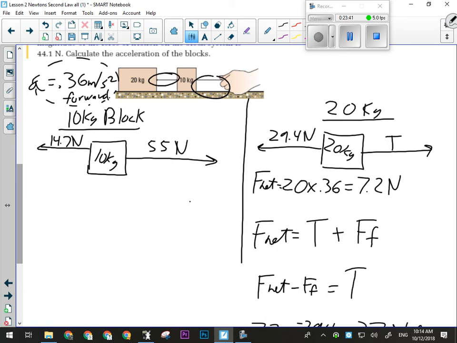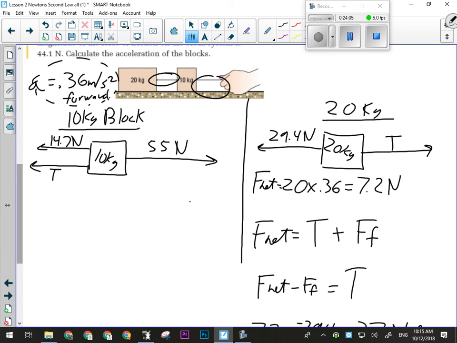That rope pulls forwards on the 20 kilogram mass, but it pulls backwards on the 10. Okay, it's like towing a trailer. If you tow a trailer, it's harder work because you've got this other thing pulling backwards on you in addition to friction. You've got all that extra mass and inertia behind you. Okay, so there's also the tension in the rope, which is what the question wanted me to find.